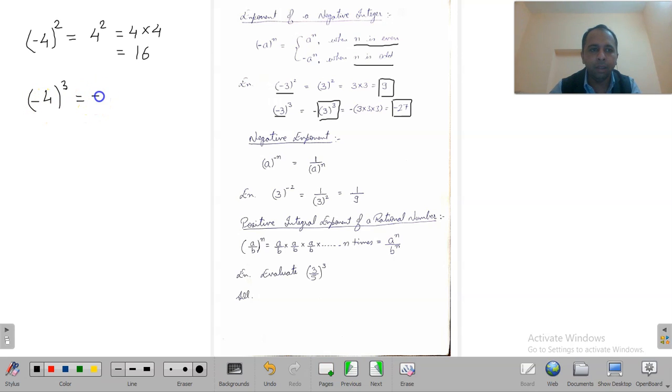So it will be minus of 4 to the power 3, that means negative of 4 multiplied by 4 multiplied by 4. So 4 multiplied by 4 is how much? 16, and 16 multiplied by 4 is 64. So it will be minus 64 in this case.